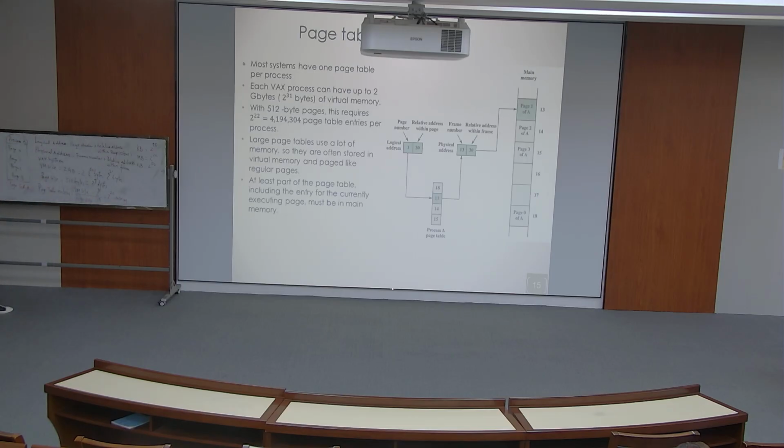Page entries. So see how many entries each page table has. And we know that we have thousands or millions of processes. So that means each process that needs to be loaded into the main memory needs a page table that holds the mappings between the pages and the frames. We have larger page tables which need to use a lot of memory.